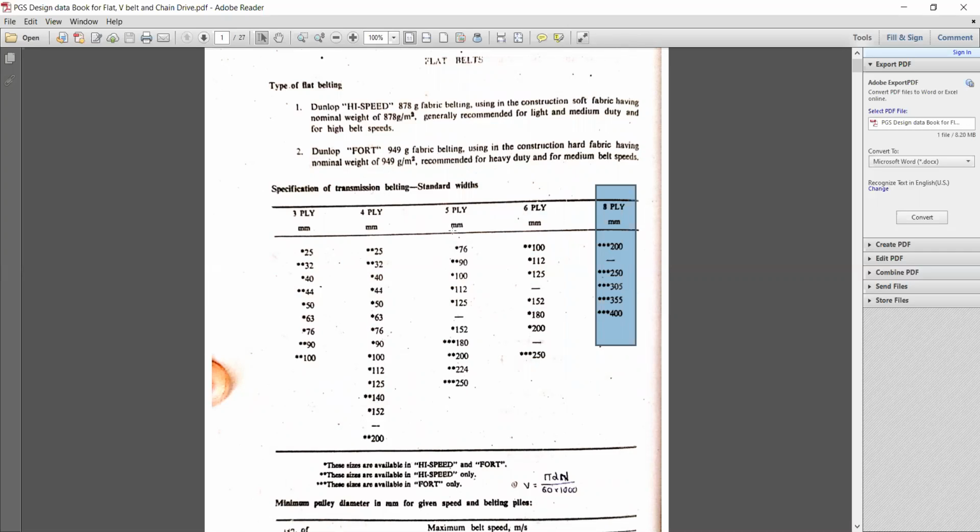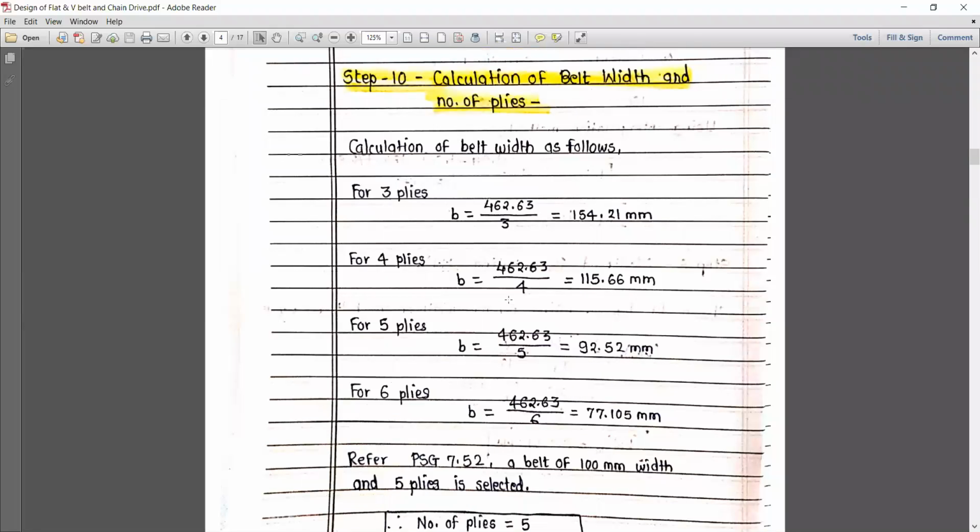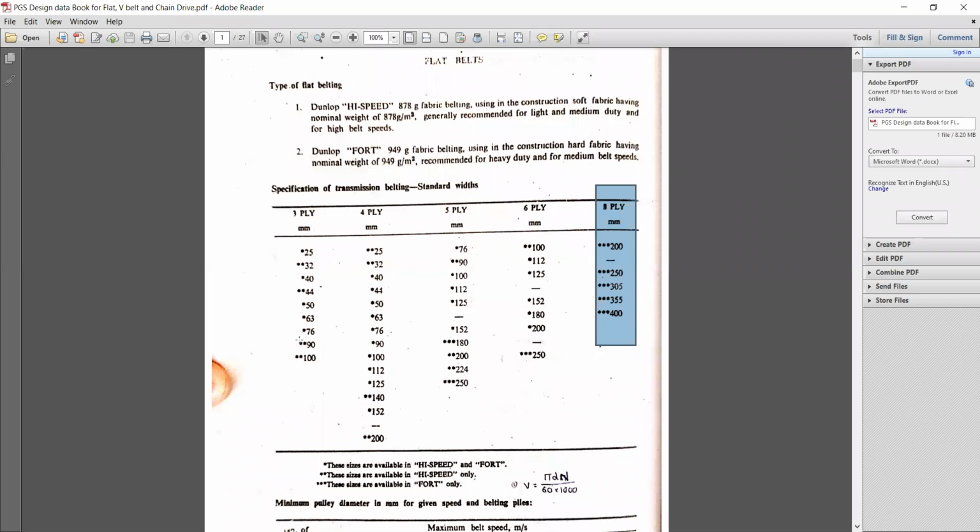Now we have to find out the width based on the equation which we have already calculated, the ratio between number of plies and the width. If we select number of plies equal to 3, then B is equal to 462.63 divided by 3, which is 154.21. When we check in the number of plies 3 range, no such value is available, so we can skip this value.